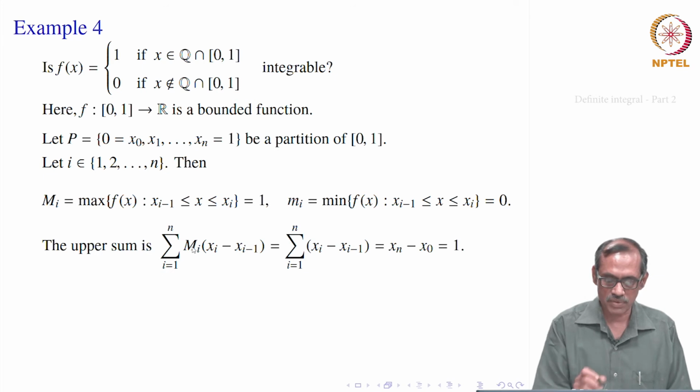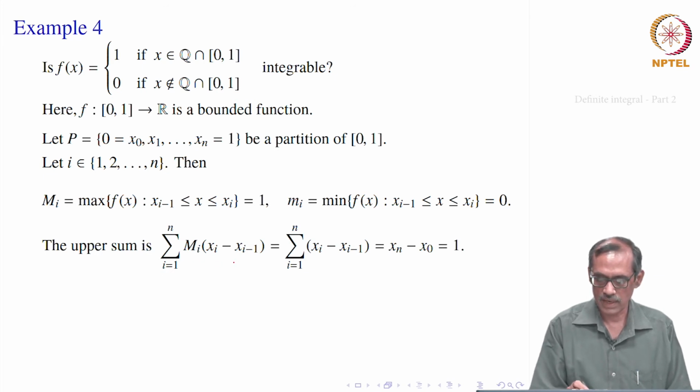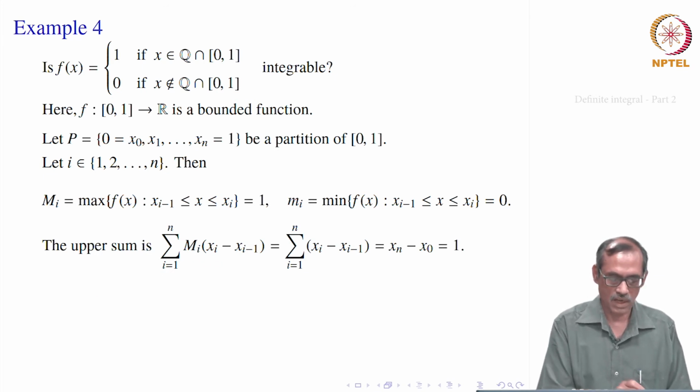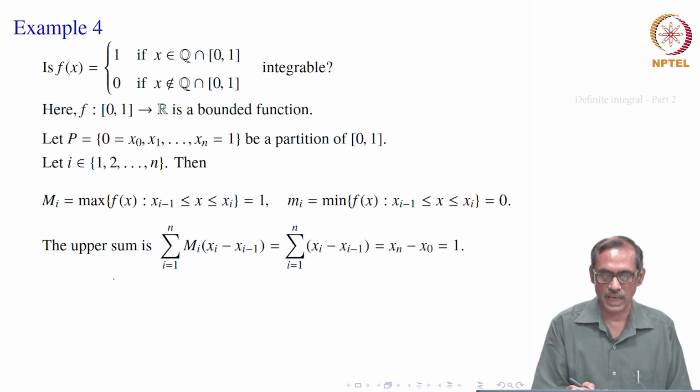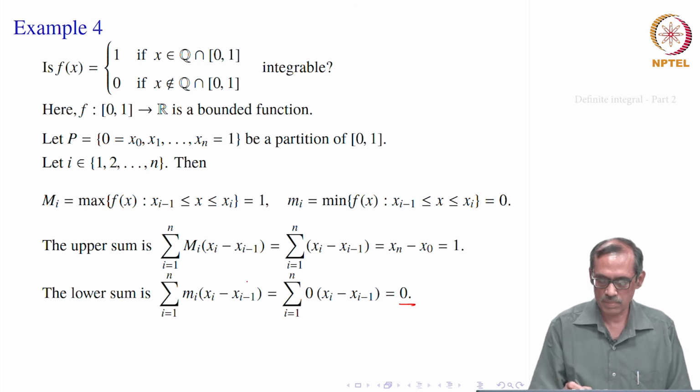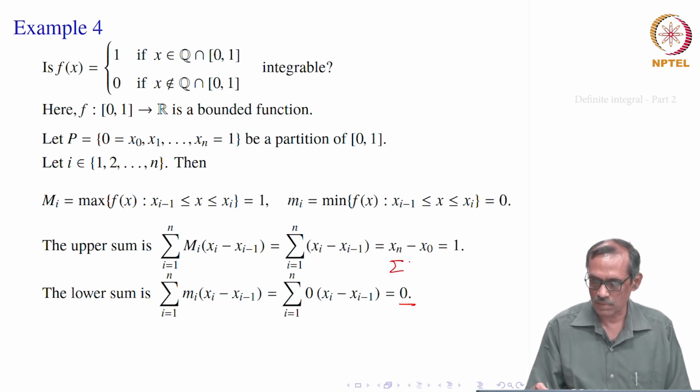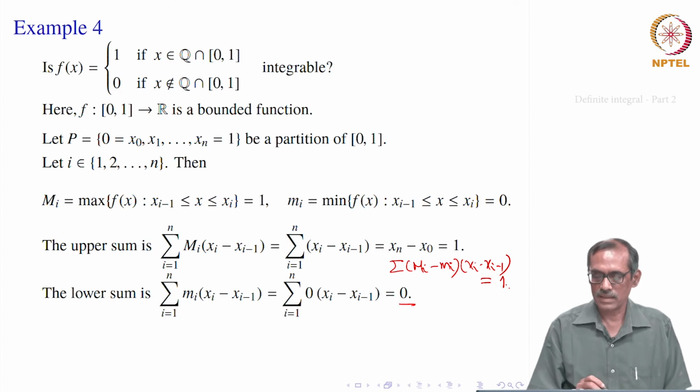So, the upper sum is 1 and the lower sum is 0. If you take the difference, the summation of (M_i minus m_i) times (x_i minus x_{i-1}), that would give rise to 1.